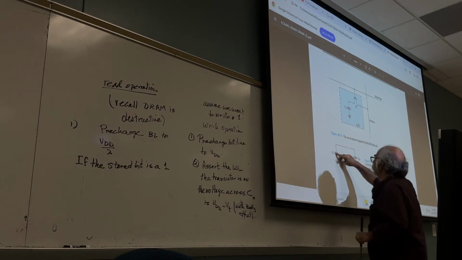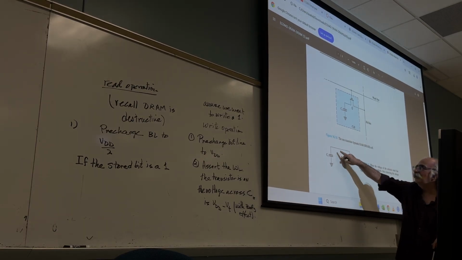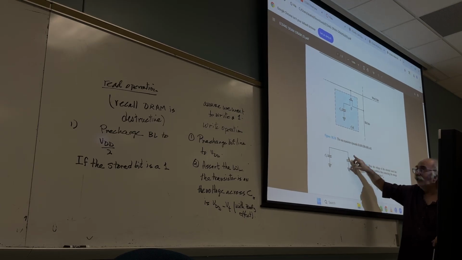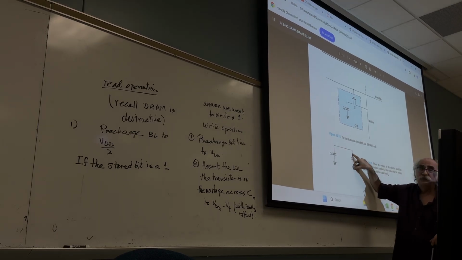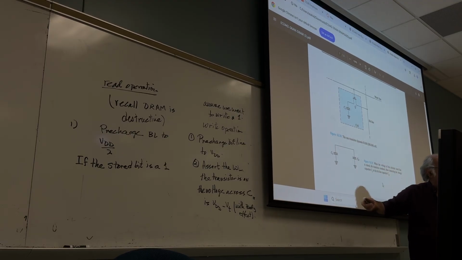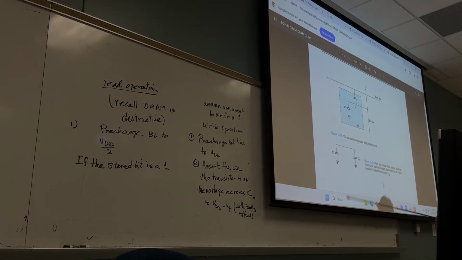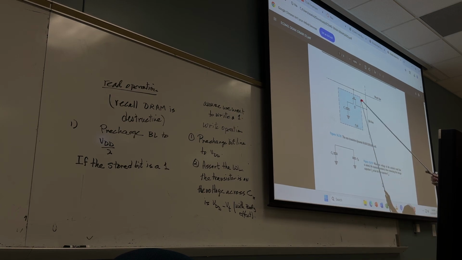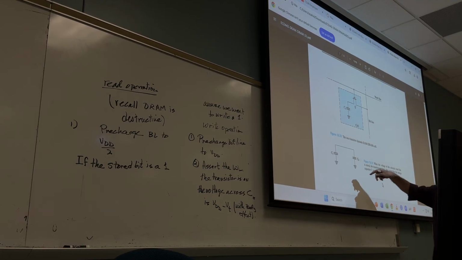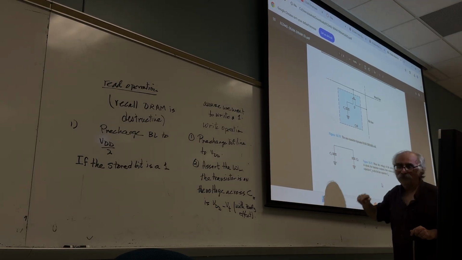The charge will be transferred from the CS to the CB until the voltages between them are equal. Why? Because they are in parallel. Notice, by the way, what am I neglecting here? I'm neglecting the resistance of this one. This is acting as a switch. The switch has a small resistance in it. We are neglecting it.